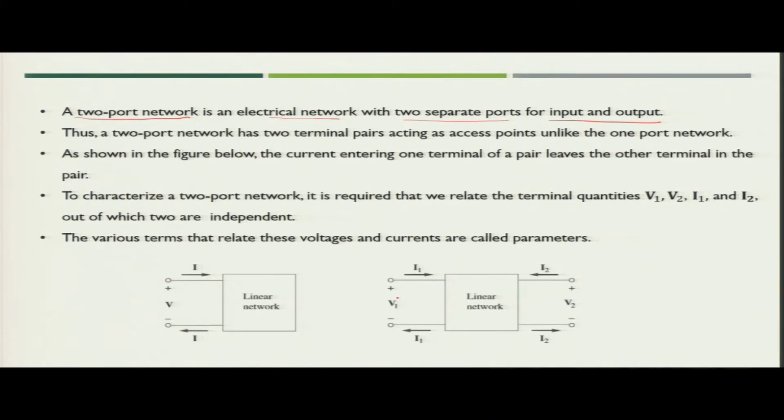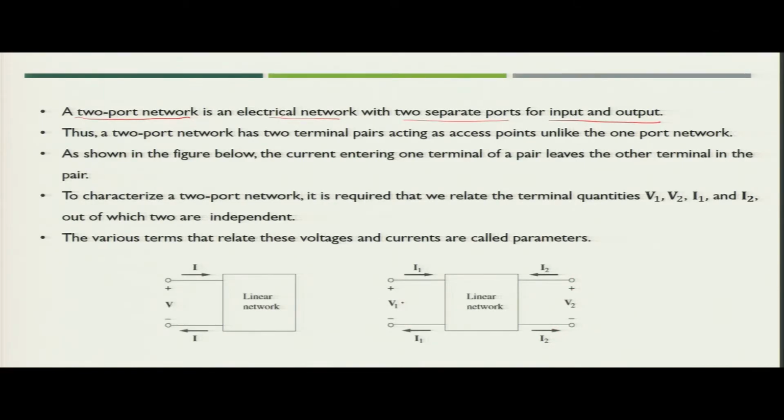If you have a pair of two terminals, meaning you will have two ports, then you will give current, say I1, to the network and it will come out from the other terminal, and at the other port you will give current I2 and it will come out from the other terminal.